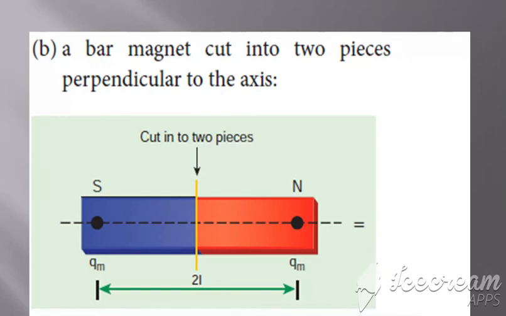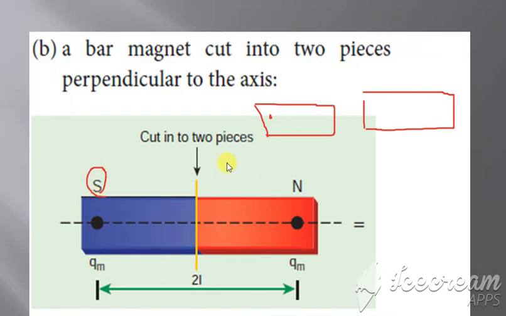So here we are going to cut in this way so that it is perpendicular to its length. When you cut in this way, this becomes half. This is split into two magnets now. We already know this side is the south pole and this side is the north pole, and so this side becomes the other south pole and the other side becomes the north pole.